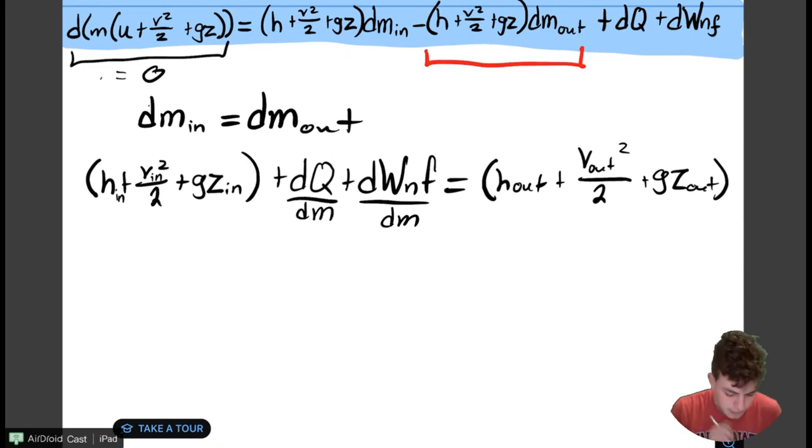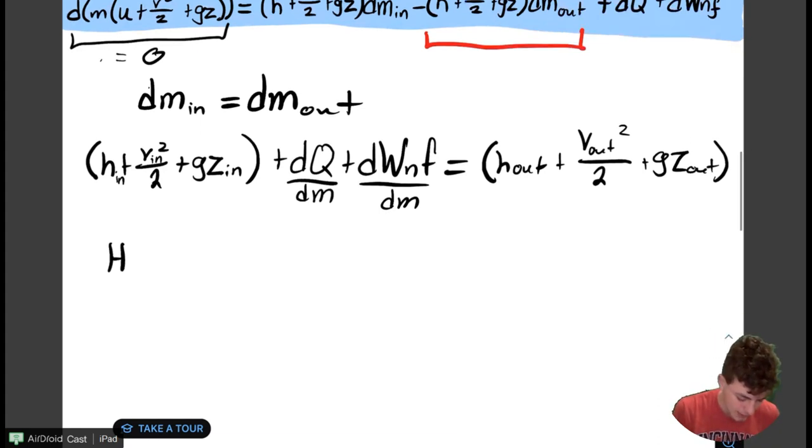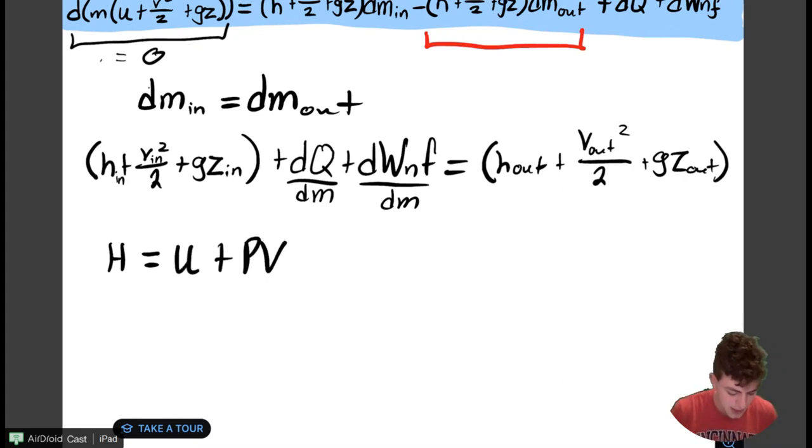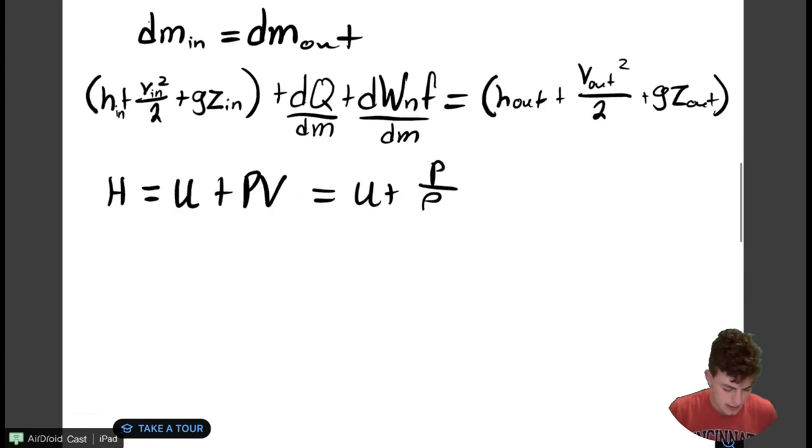Now, using the equivalence for enthalpy being equal to internal energy plus the work done on the system, we can write this again as enthalpy plus P over rho, as we did earlier. And by doing this, we are then able to construct an equation similar to this. So let's go ahead and plug all these terms in for the enthalpies.